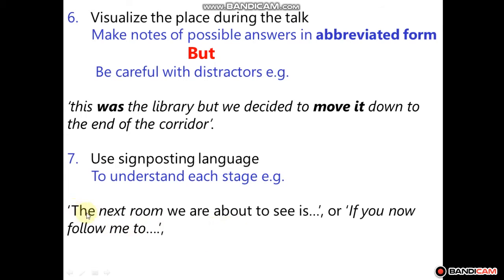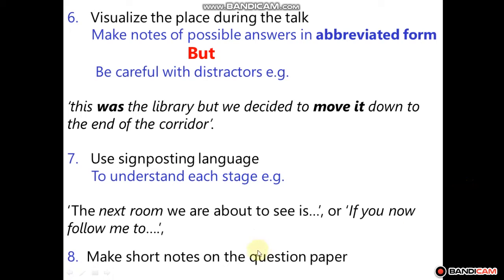Next room we are about to see is, so you understand the name of a place is going to be disclosed. So be vigilant there. Or if you hear now follow me to, this to also signals you towards a place, because this direction is meant for a place, this preposition to.